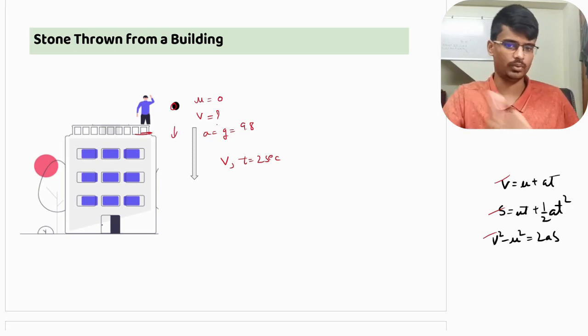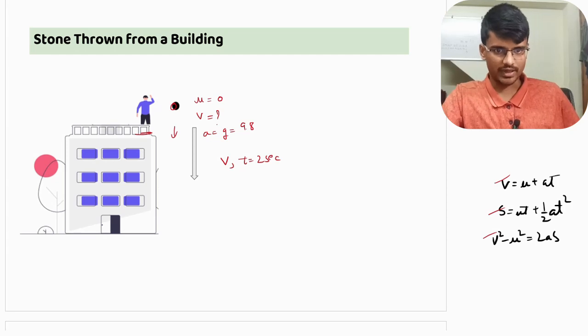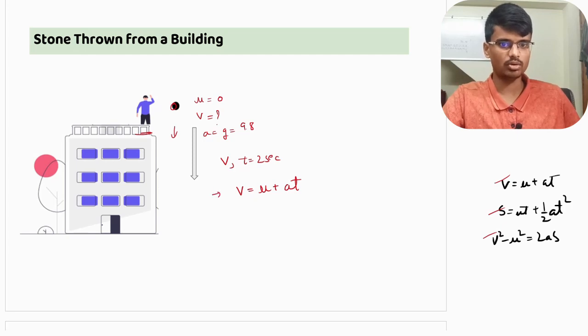We'll just find that out. We know this equation, v is equal to u plus at. Using this equation, I can find out the velocity at time t equal to 2 seconds. So u is 0, my acceleration is 9.8, my time is 2 seconds. So the velocity is how much? Close to 19.6, I guess.